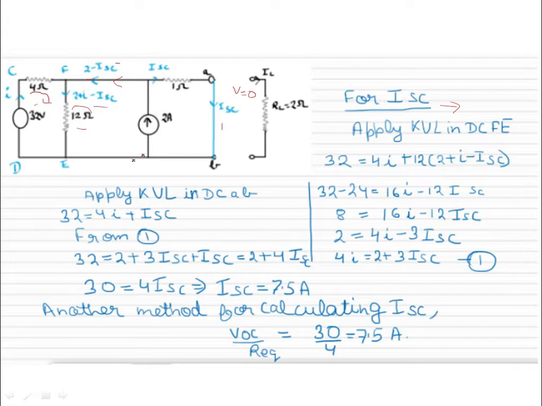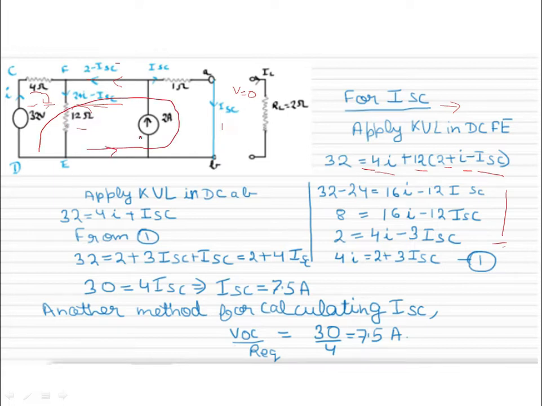Now we'll apply KVL in this loop. Then we'll get 32 volt is equal to 4I plus 12 times the current flowing, which is 2 plus I minus ISC. So we got this first equation. Then second, there's another loop here, which is this loop DCAB.